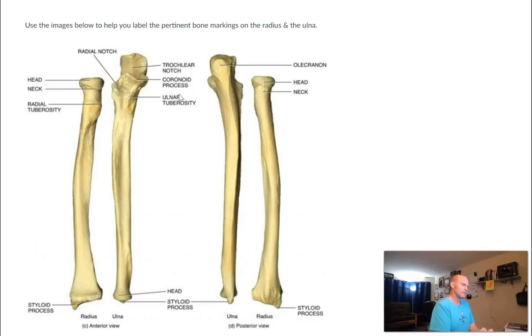Now, orienting ourselves, looking at the radius and the ulna, one of the anatomical ways that we can quickly get our heads wrapped around what's what, if we don't have the benefit of having it labeled for us, is that the radius is going to be thicker at the wrist and the ulna is going to be thicker at the elbow.